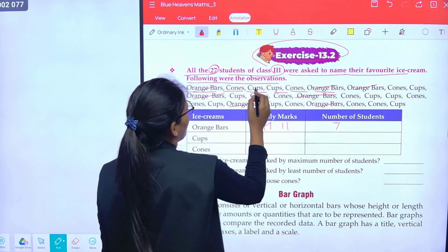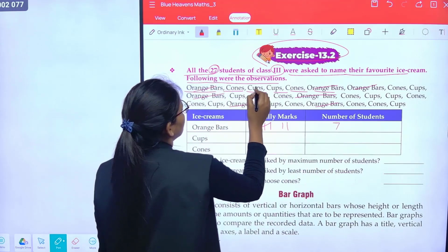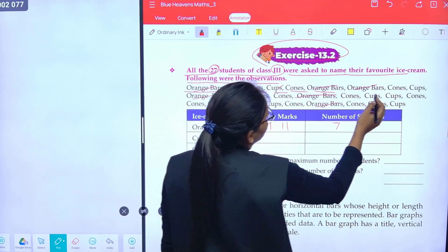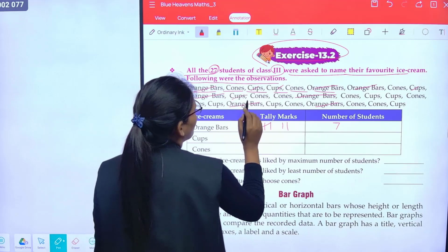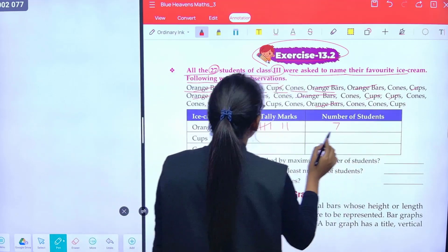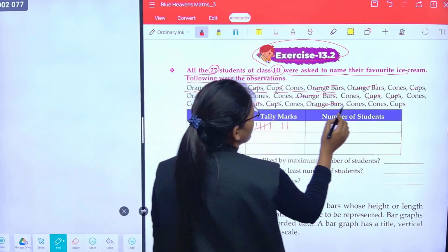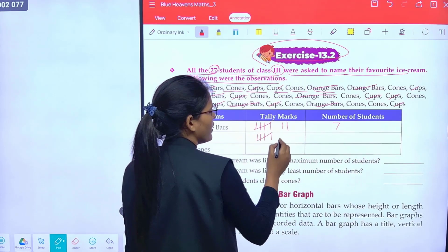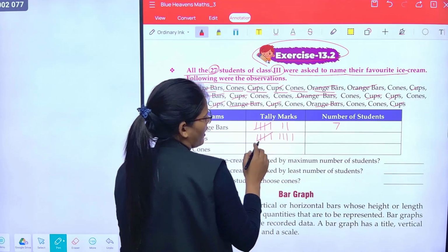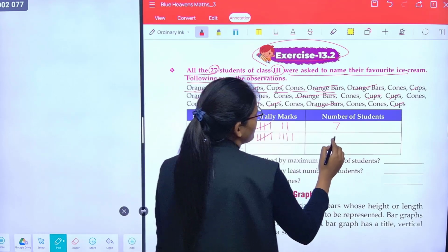Understand? Cups: 1, 2, 3, 4, 5, 6, 7, 8, 9 students.